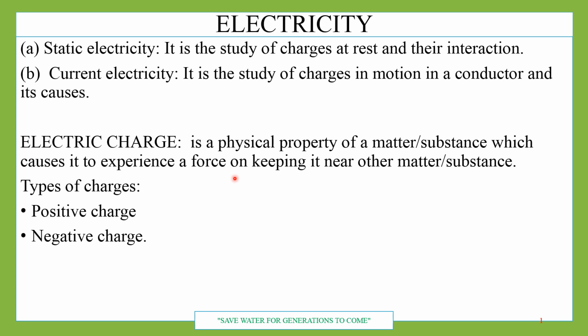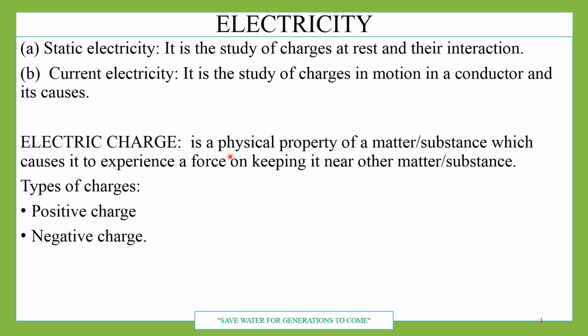So electric charge is a physical property of matter or substance which causes it to experience a force. And this force can be a force of attraction or a force of repulsion. In the case of straw, when I took two straws, you see that these two are repelling each other.